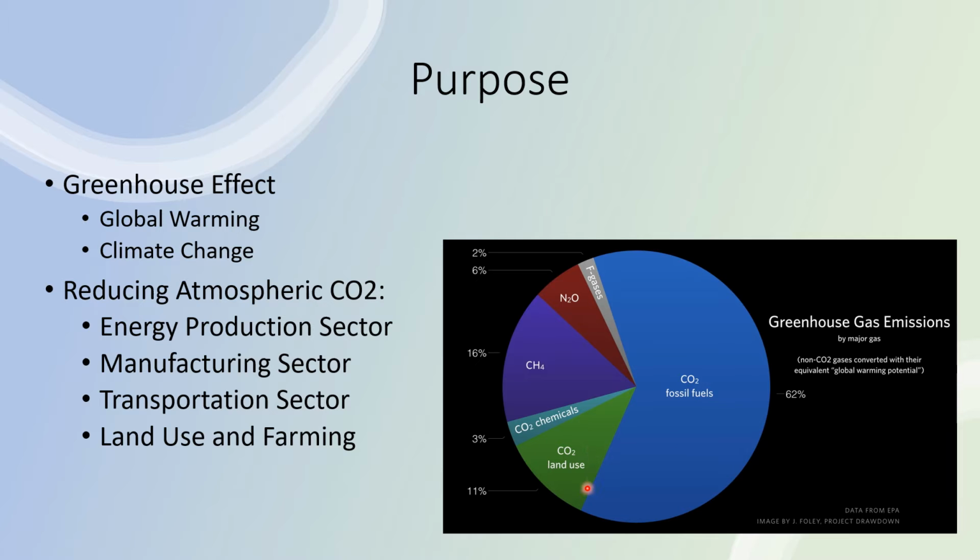A nice slice from land use, such as farming, meat production, things like that. We've got a smaller slice here coming from things like chemical manufacturing, more of the manufacturing sector. And then we have some other greenhouse gases.